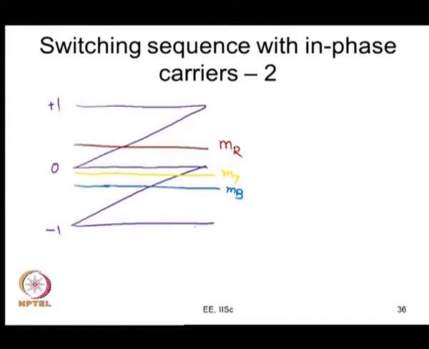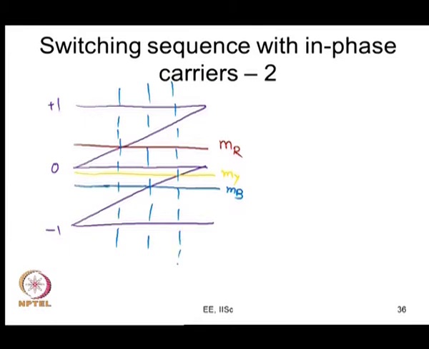So, there are a number of switching transitions. Where are the switching transitions? This is one, and this is another switching transition, and this is yet another switching transition.